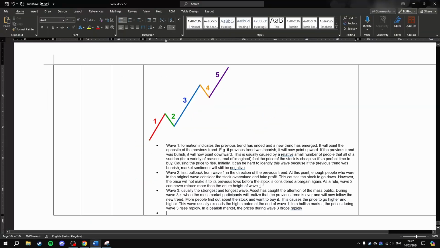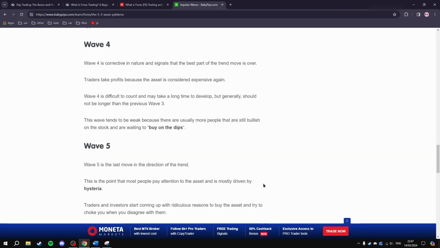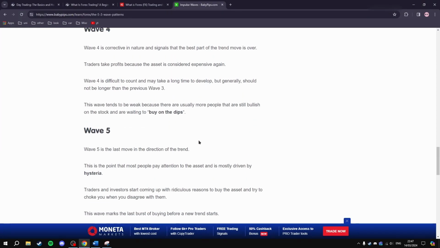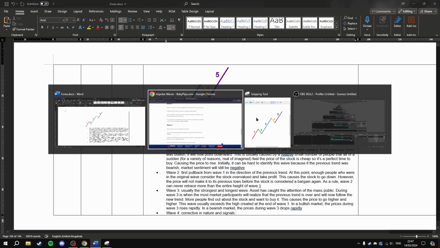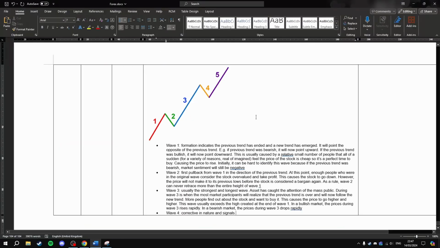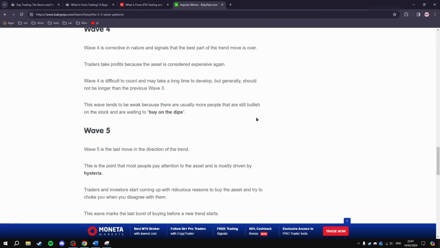Wave 4. Wave 4 is corrective in nature and signals that the best part of the trend move, which is wave 3, is over.